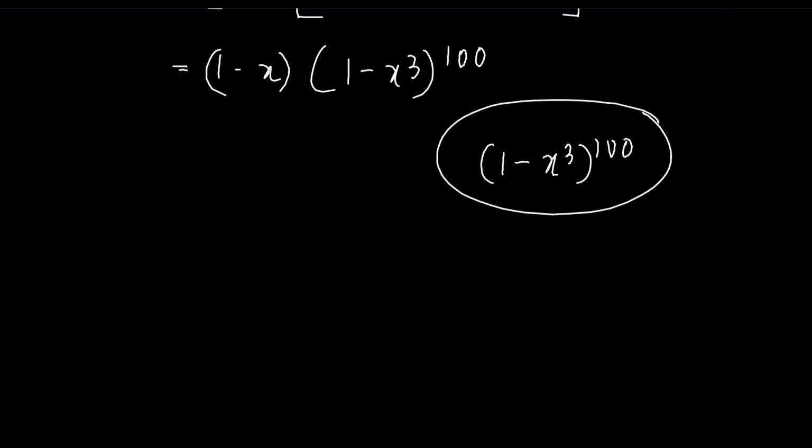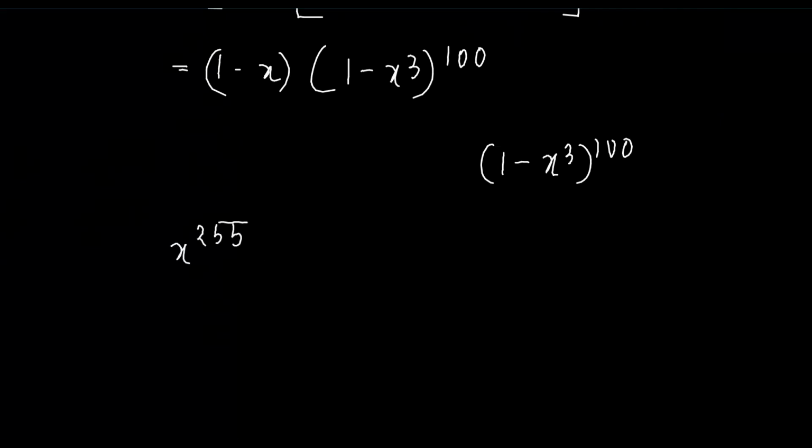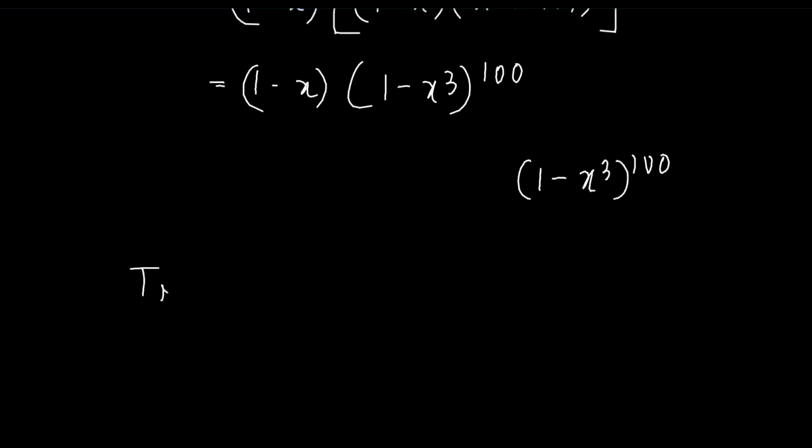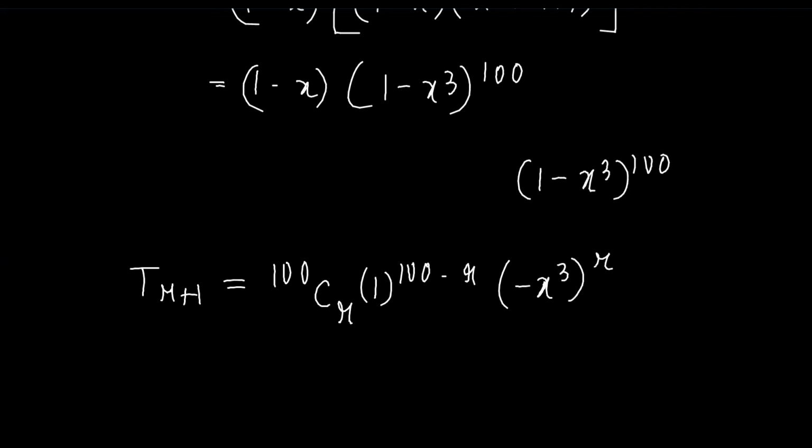Okay. So we have to find the term containing x to the power 255. So we can write the general term as T(r plus 1) equal to 100Cr into 1 to the power 100 minus r into minus x to the power 3r. So this is actually 100Cr into minus x to the power 3r.